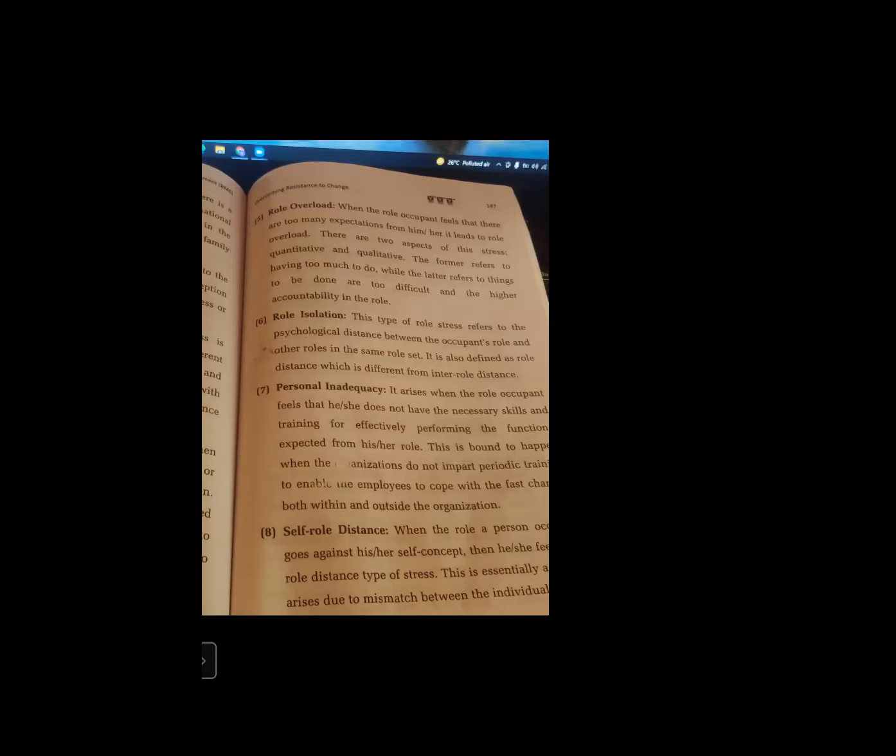It is not going to help you grow career wise as a person. It is definitely not going to help you grow, right?